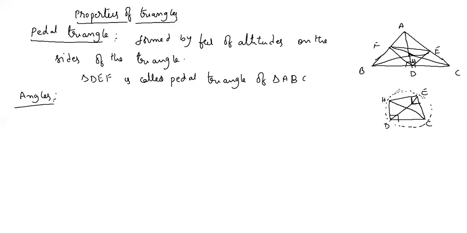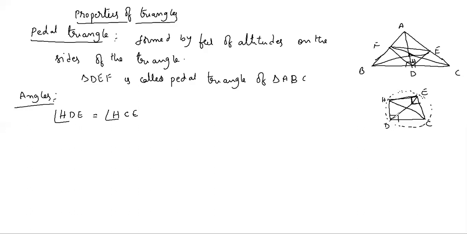So there exists one circle passing through these four vertices H, D, C, E. Now HE is a chord in the circle, and HDE and HCE are both angles in the same segment, so both are equal. Angle HDE is equal to angle HCE.